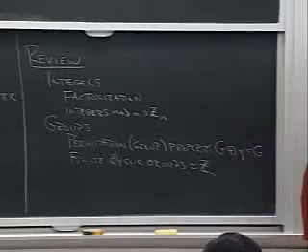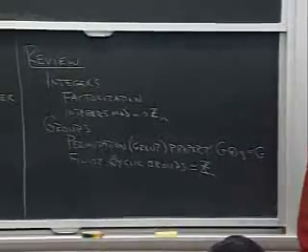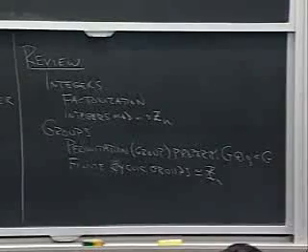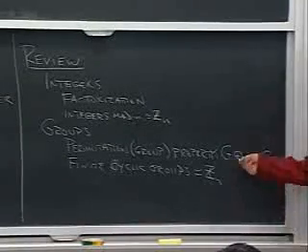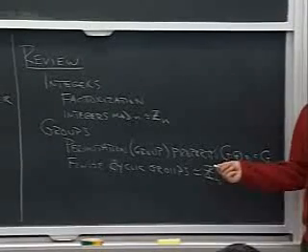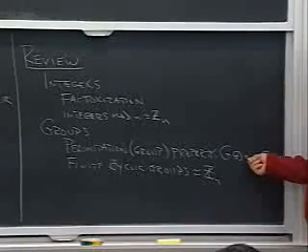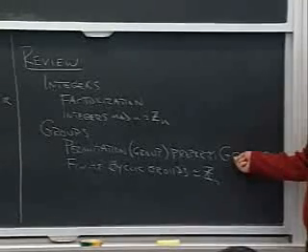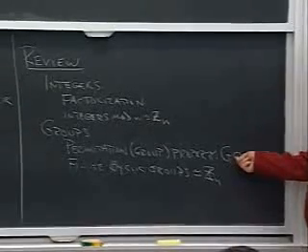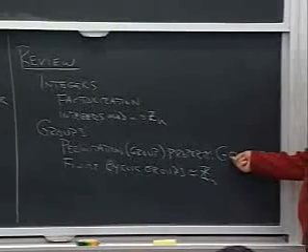Then we went on to groups. We first gave the standard axioms for groups, and then I gave you an alternative set of axioms which focused on this permutation property. I'm calling the group operation addition, because essentially all the groups that we talk about are going to be abelian.